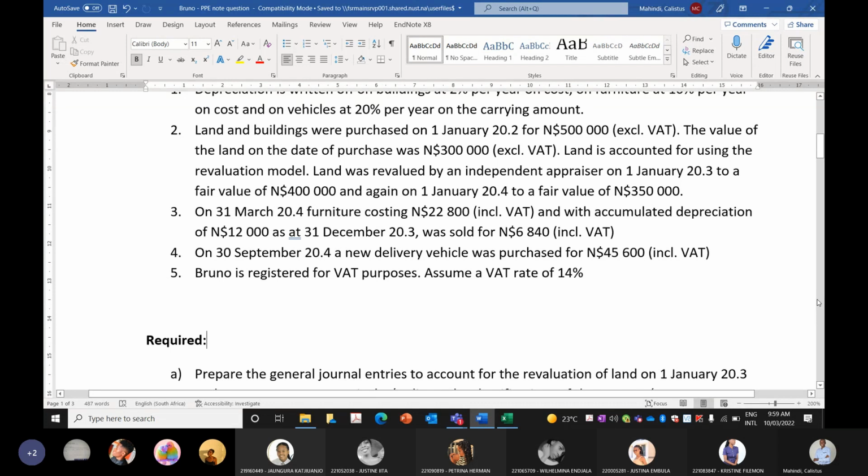So when MTC sells you airtime with $10, they don't keep the whole $10, right? They will keep $8.70 and the $1.30 they will pay to the government. So the VAT component does not belong to the entity. So we have to remove the VAT component.